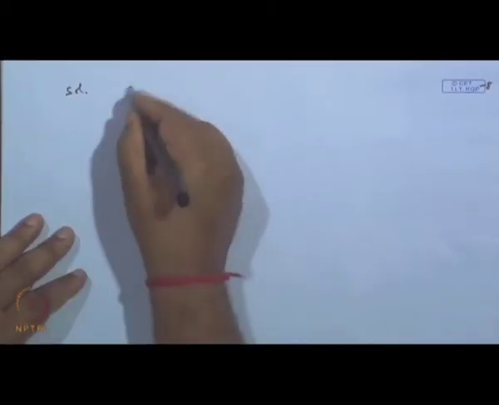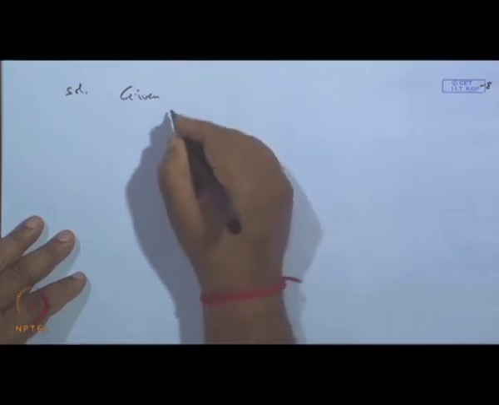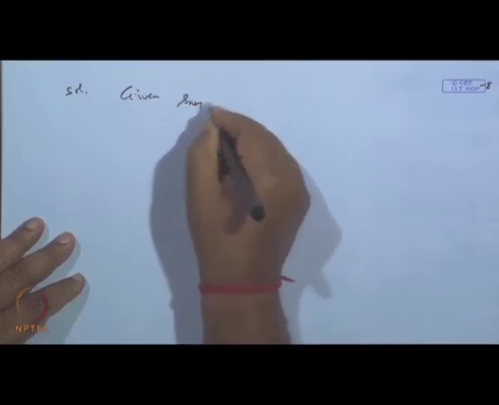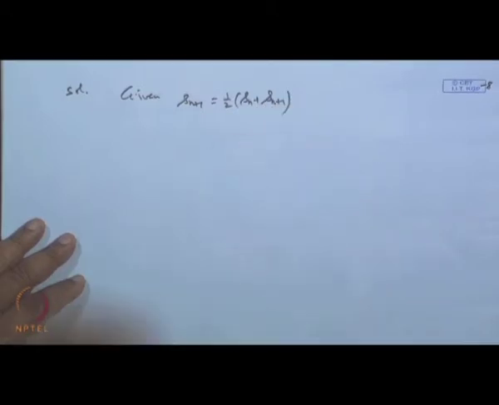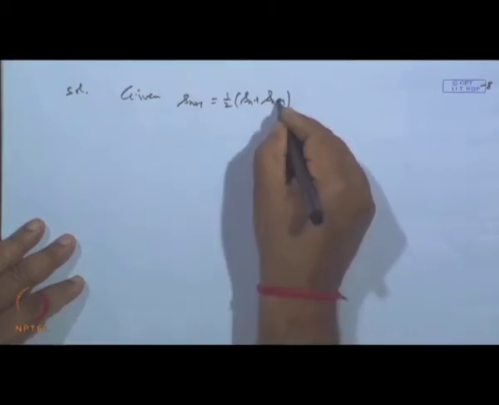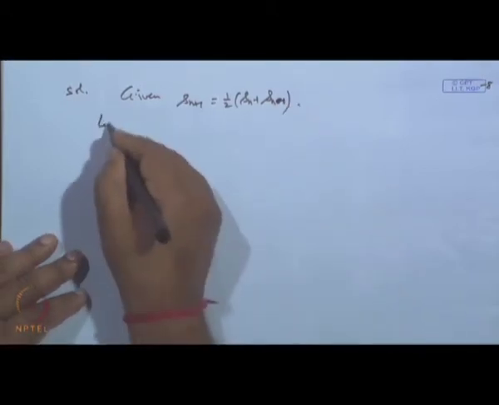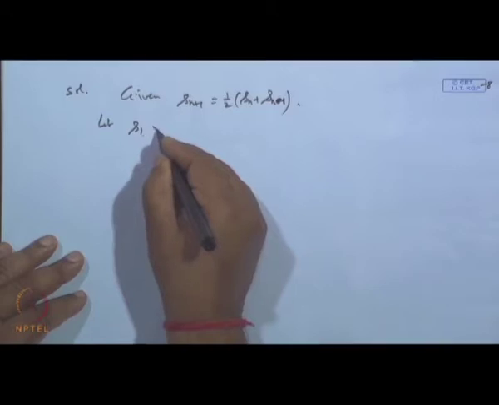What is given is that Sn plus 1 is half of Sn plus Sn minus 1. This is given. So, let us assume S1 and S2 are two numbers, where S1 is greater than S2.